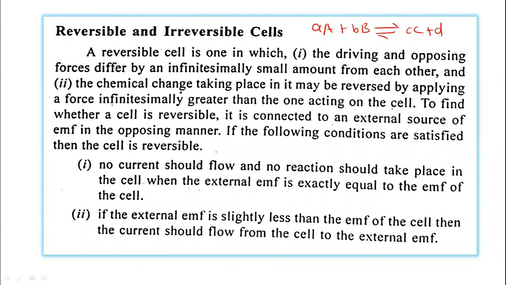How can we say that a cell is reversible? Two conditions are given to decide whether the cell is reversible or irreversible. The cell should satisfy those conditions. A reversible cell is one in which the driving and opposing forces differ by an infinitesimally small amount from each other.